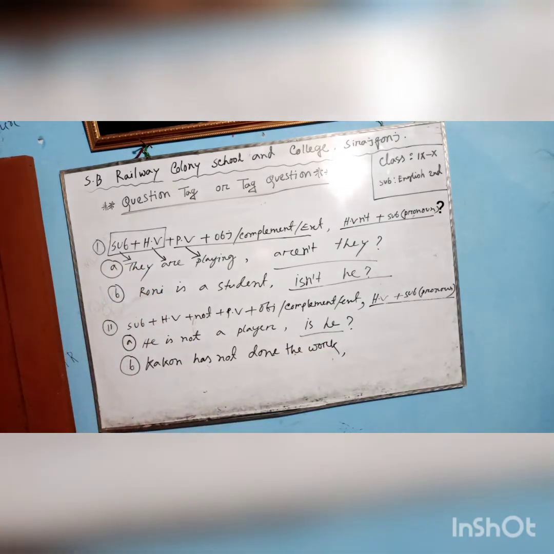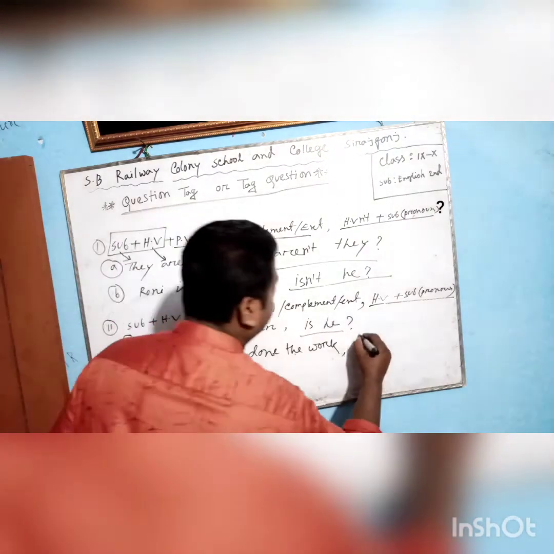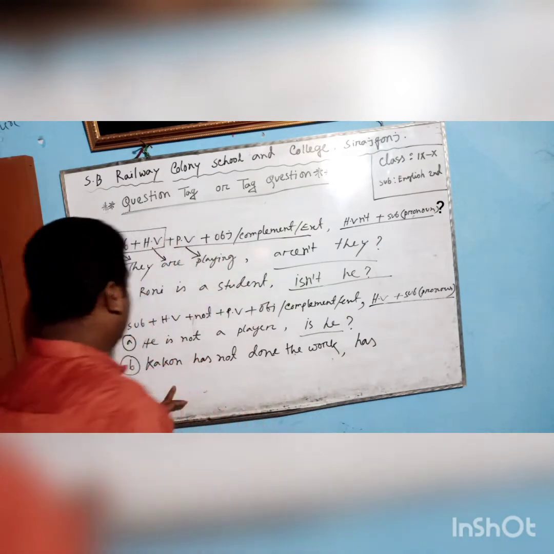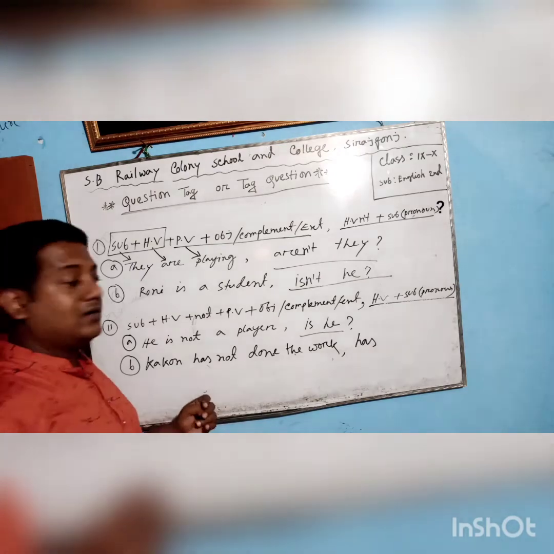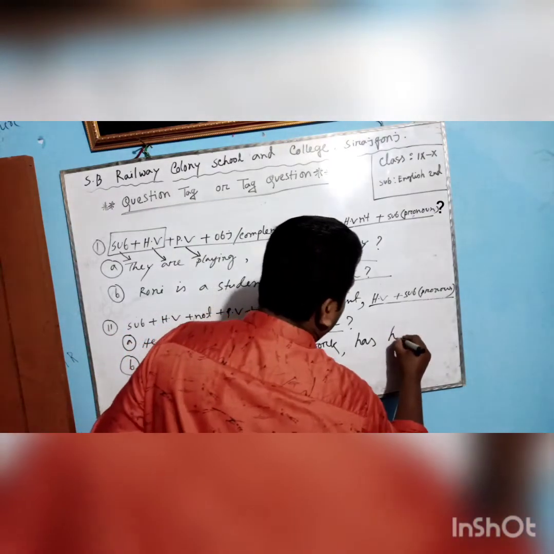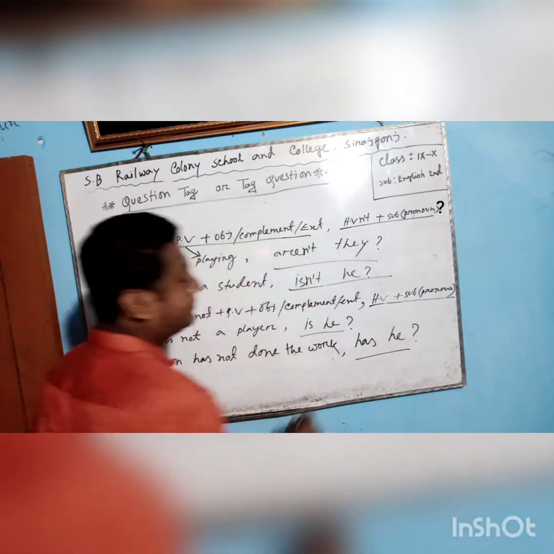We take the auxiliary verb from the statement, has, and the subject of the statement is Kakon. We do not write Kakon, rather we write he. So students, take a screenshot.